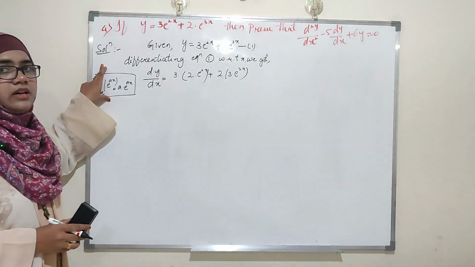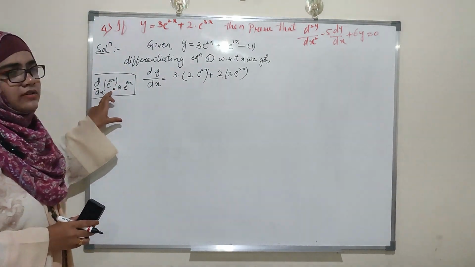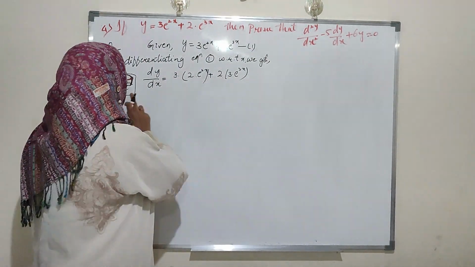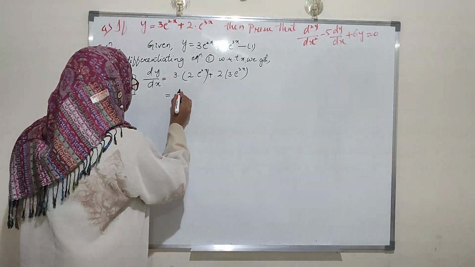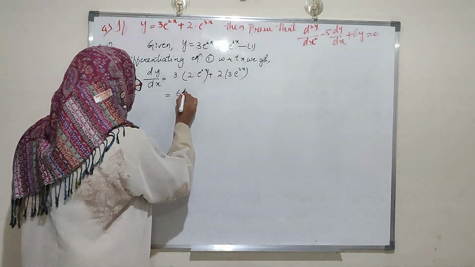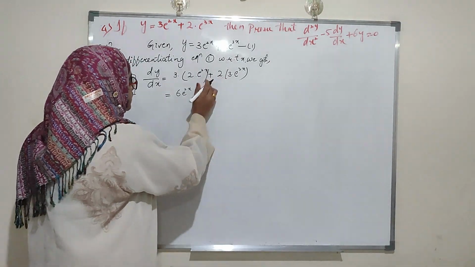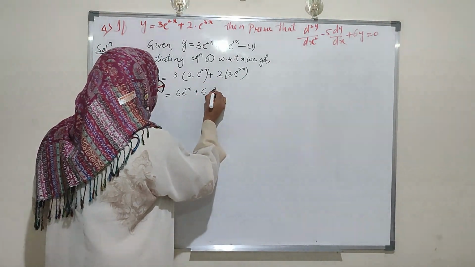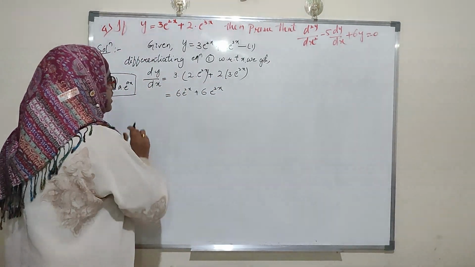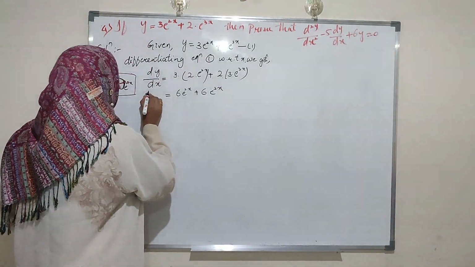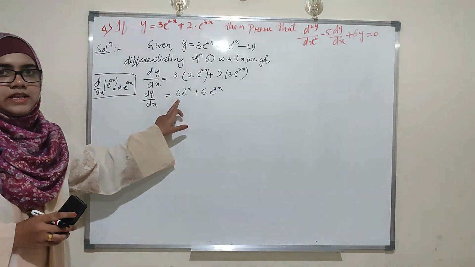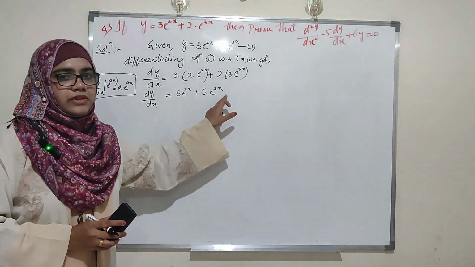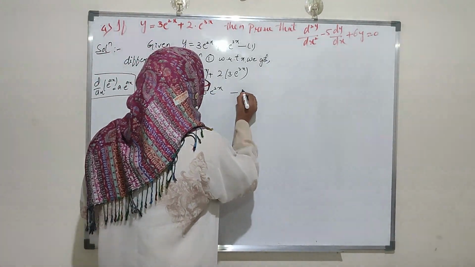It is the formula for finding the differentiation of an exponential term. So I am using this formula here. Finally we get dy by dx is 6 e raised to 2x plus 6 e raised to 3x. Name this one as equation 2.